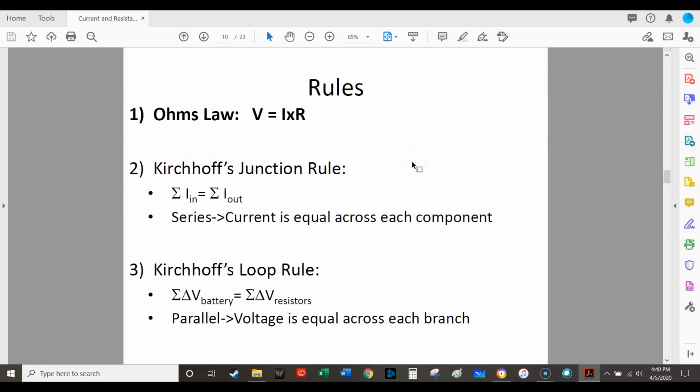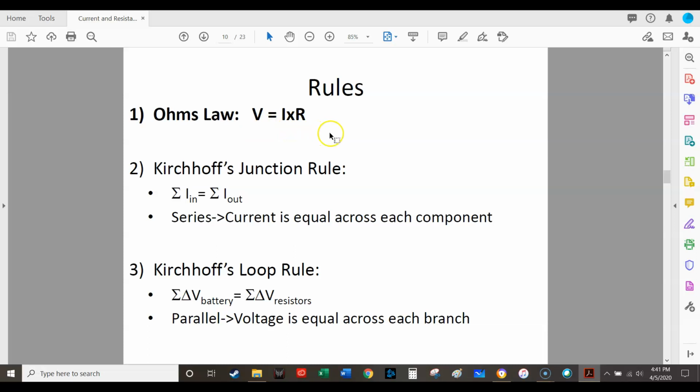So this gets us to Ohm's law. Ohm's law is current is equal to voltage divided by resistance. So these are the rules that we're going to be using right here to discuss circuits. There are three rules, but the main one we're going to worry about right now is Ohm's law.